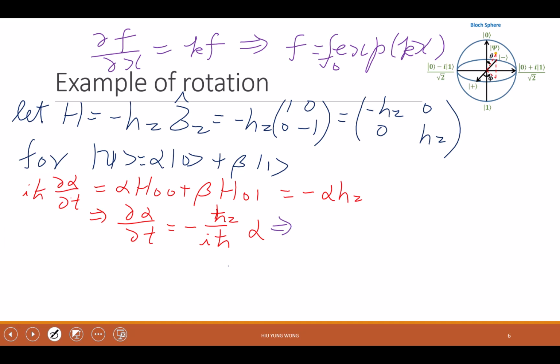So this one gives us what? Alpha equals, and let me emphasize, this alpha is not just a constant, it's a function of time. Alpha of t equals alpha 0 at the beginning, times exponential negative hc divided by I h bar t. Am I right? Sorry, hc should not have a cross.